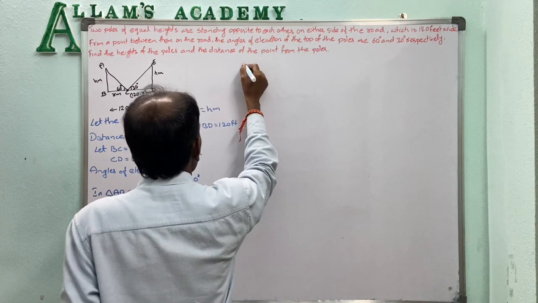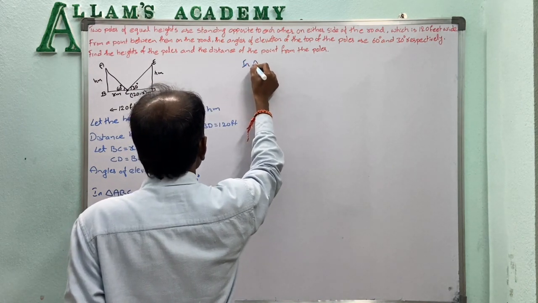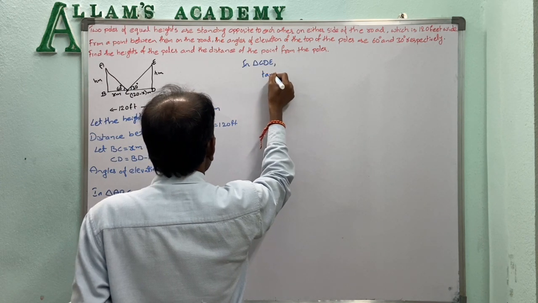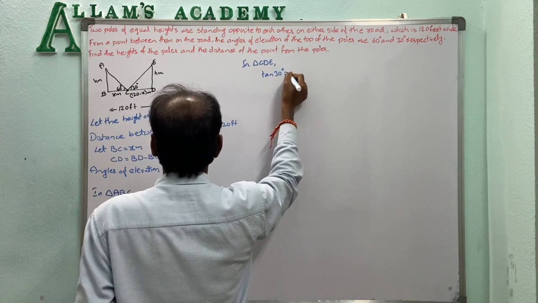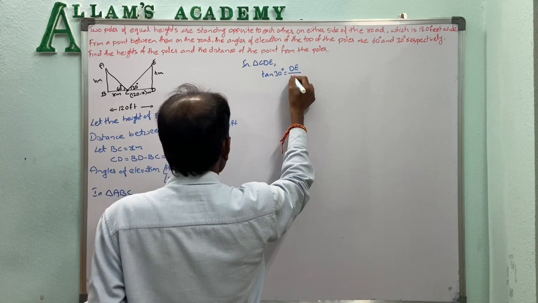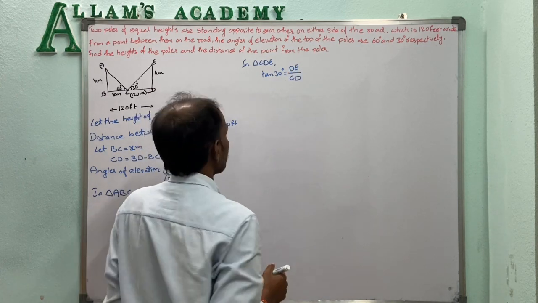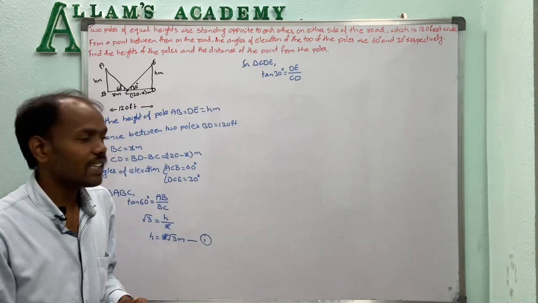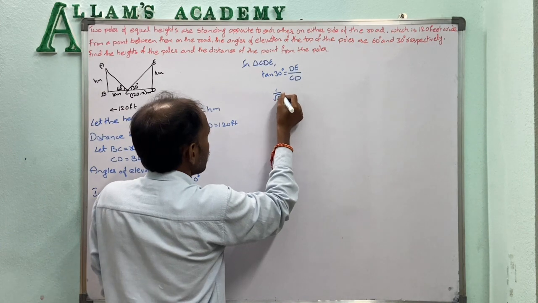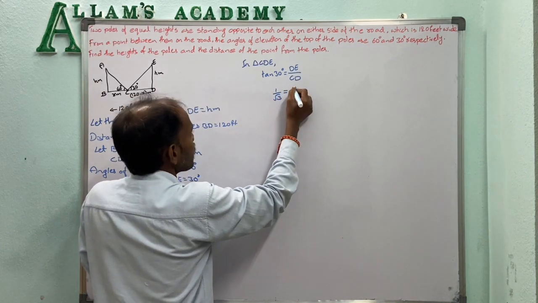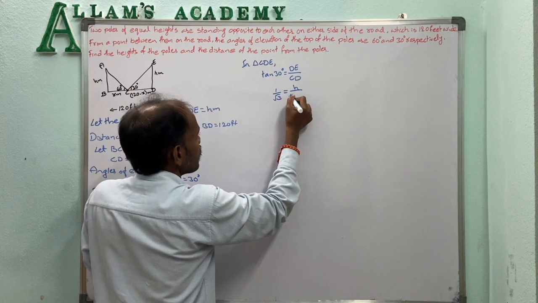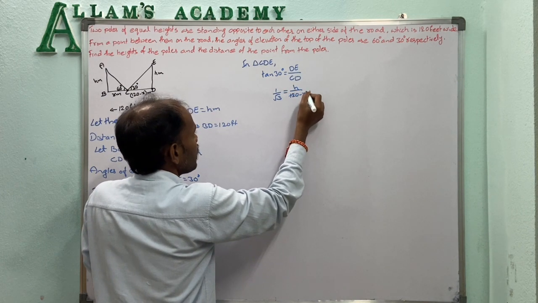In triangle CDE, tan 30 degrees equal to opposite side DE by adjacent side CD. So tan 30 equal to 1 by root 3, that equal to DE is H by CD. CD value is 120 minus X.